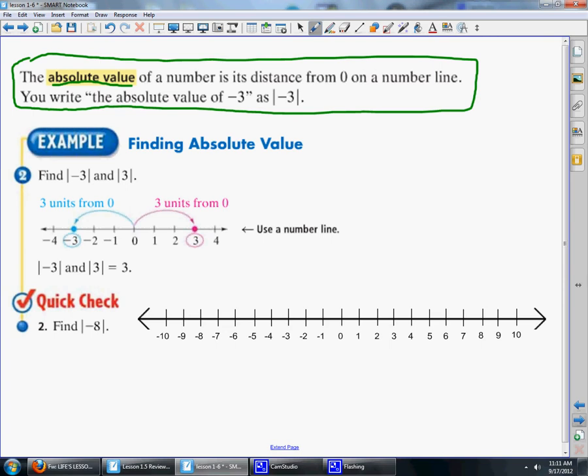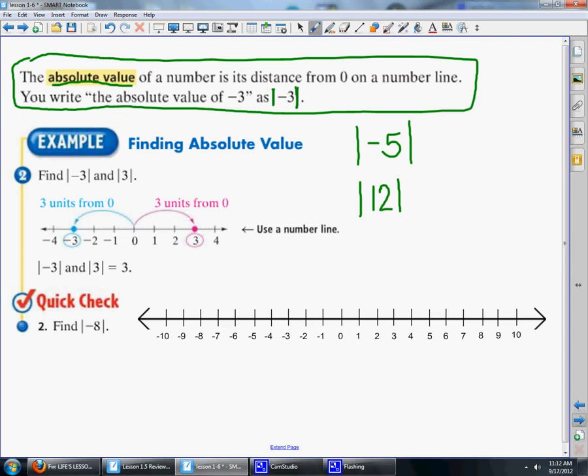So you write absolute value of negative 3 as these lines right here mean the absolute value of negative 3. So another way we could write it is the absolute value of negative 5, or you could put a positive number in there, the absolute value of 12. And it's just how far away that number is from 0 on the number line.